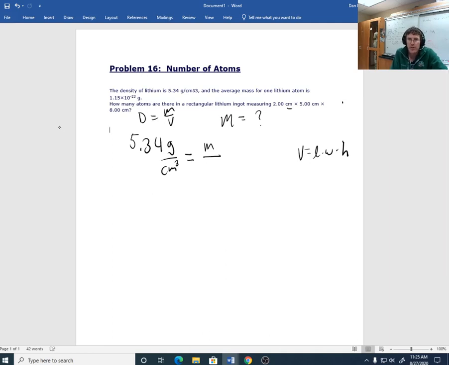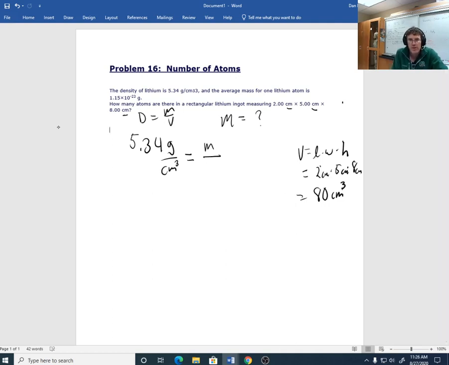First, you make sure those are playing nice, and they are. That's going to be 2 centimeters times 5 centimeters times 8 centimeters. That gives us 80 centimeters times centimeters times centimeters, which is cubic centimeters.